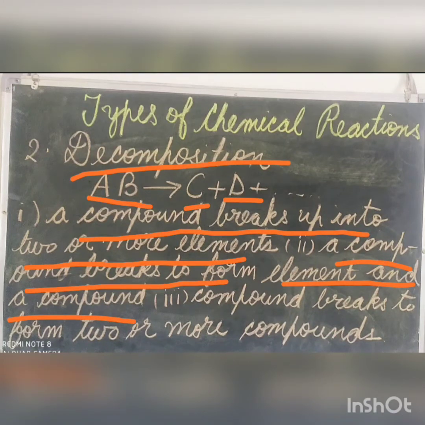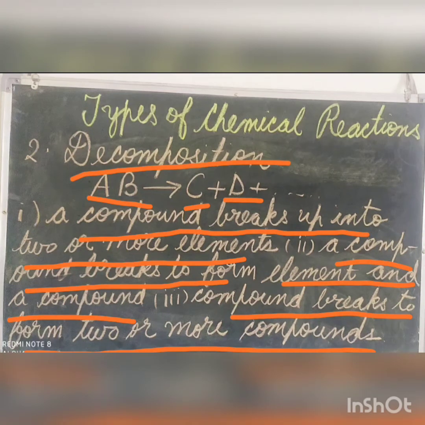Next type of decomposition reactions in which a compound breaks to form two or more compounds. For example, the compound calcium carbonate on strong heating decomposes to form two compounds, calcium oxide and carbon dioxide. CaCO3 on heating gives CaO plus CO2.